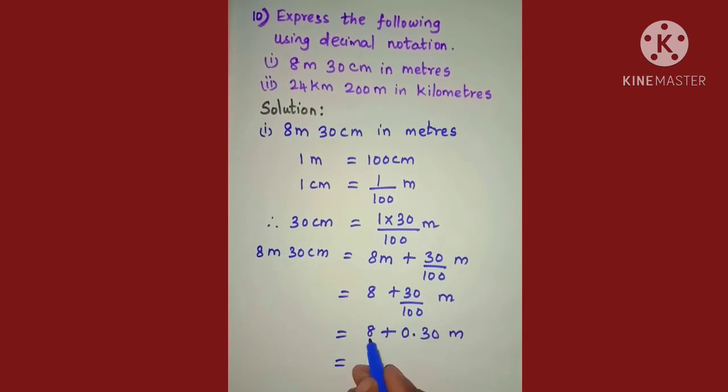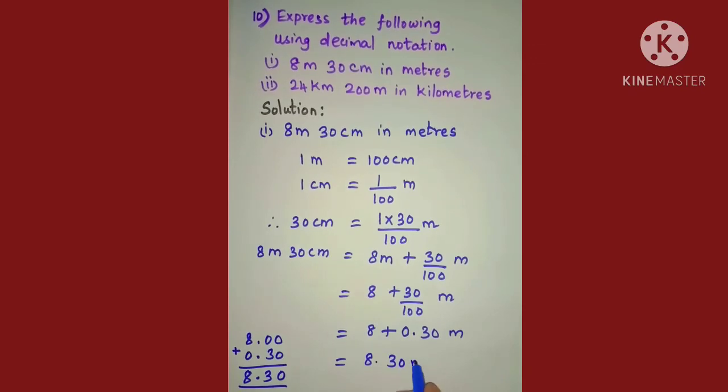Now adding 8 plus 0.30, where 8 is the whole number and the second number is 0.30, with 30 in the decimal part. Now adding these two numbers we get 8.30 meters.